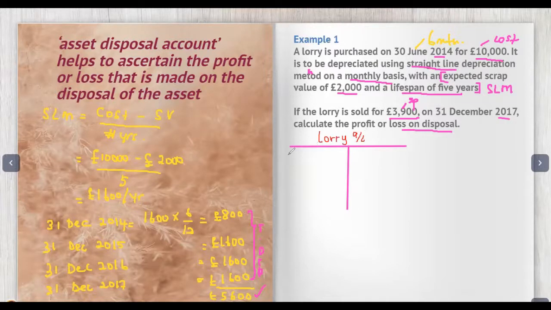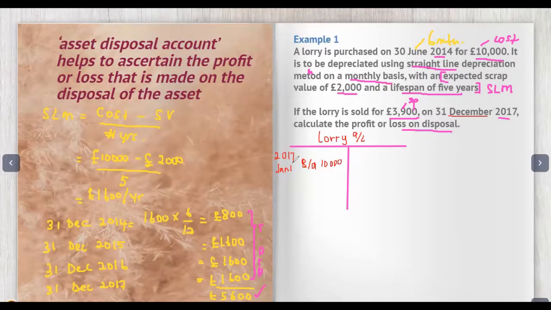In your lorry account on 31st December 2017, we know that on 1st January 2017 the balance brought down must be $10,000. From 2014 you have been doing the brought down because there's nothing else happening in this account.